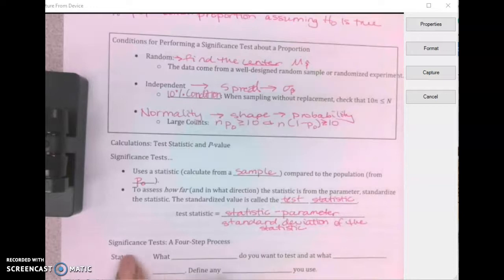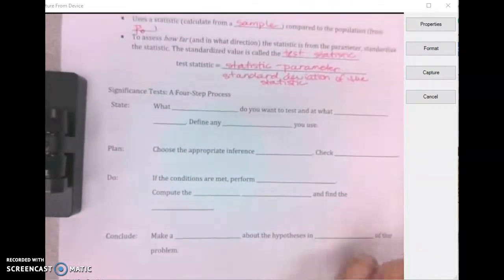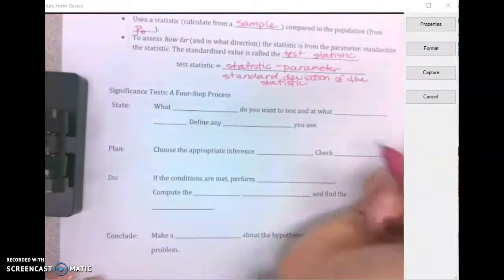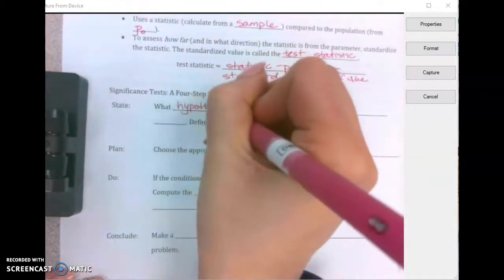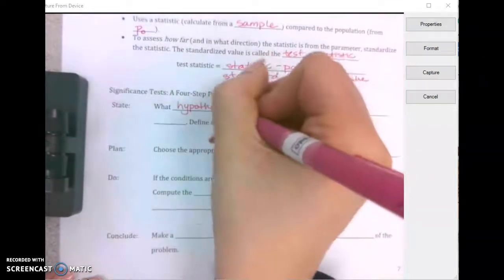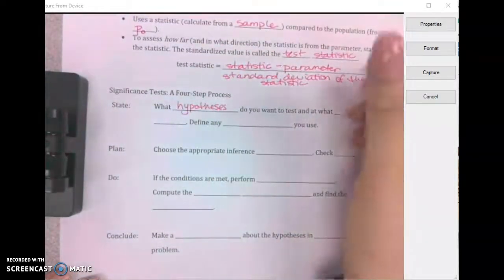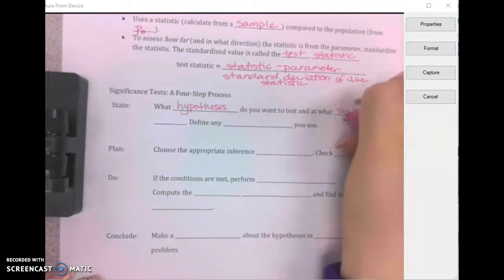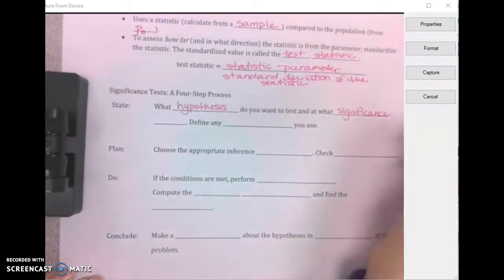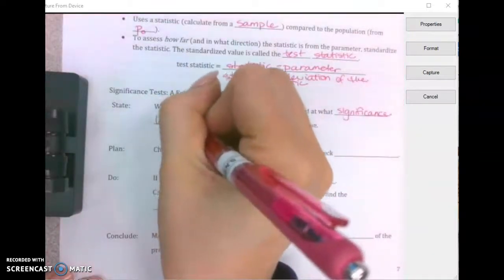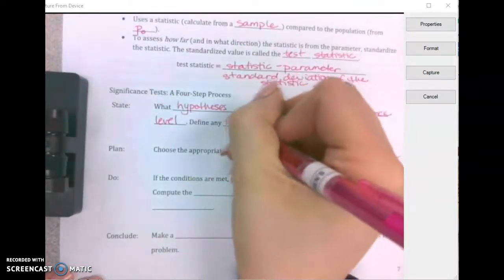Our four-step process that we have been going over is that we state what hypothesis or hypotheses we want to test, and at what significance level, defining any parameter.